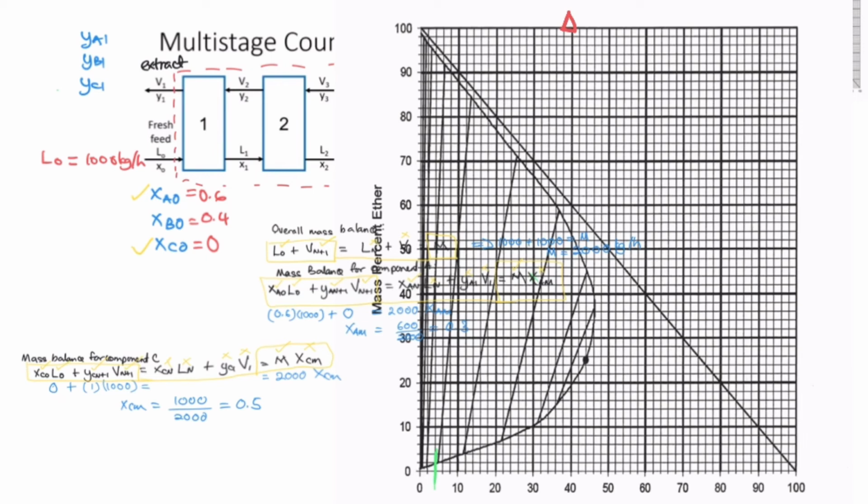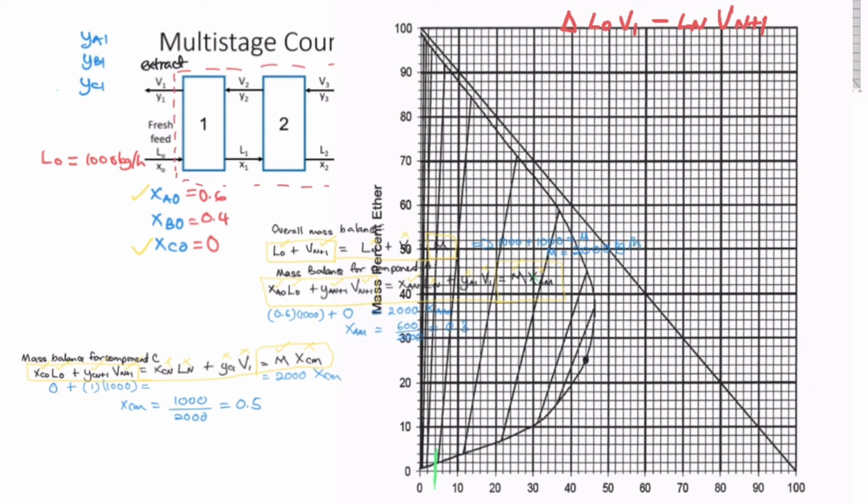You draw 2 lines: one between L naught and V1, and another between Ln and Vn plus 1. When these 2 lines intercept, that point is called the operating point or reference point.